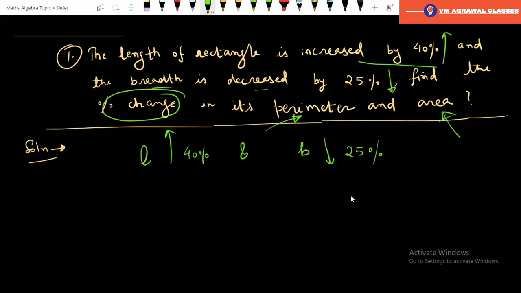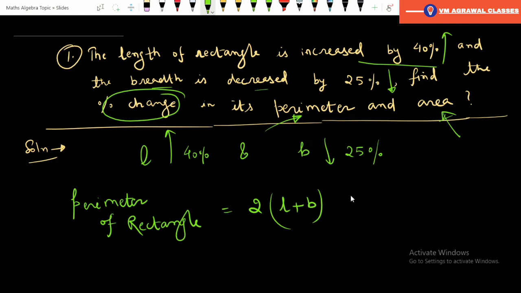So first of all, we should know the formula of perimeter and area of the rectangle. Perimeter of a rectangle is 2 into (L plus B), where L is length and B is breadth. Perimeter is nothing but the length of the boundary.